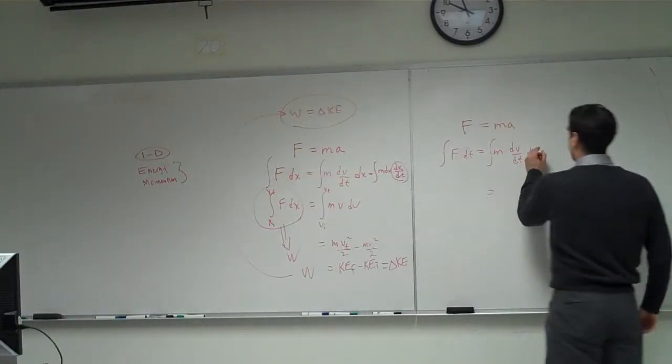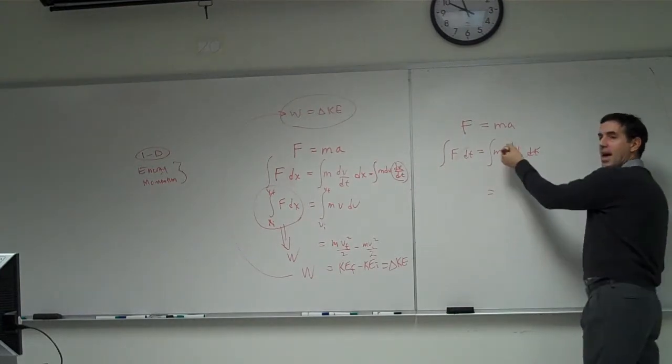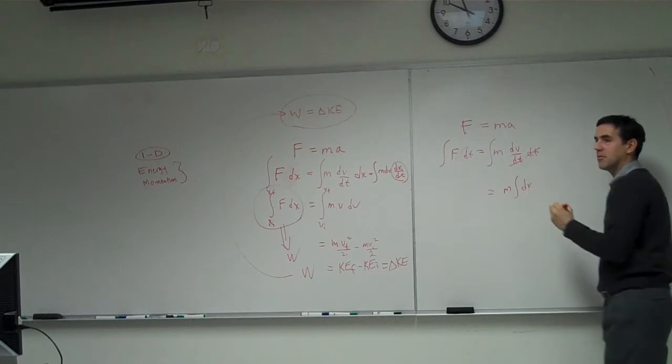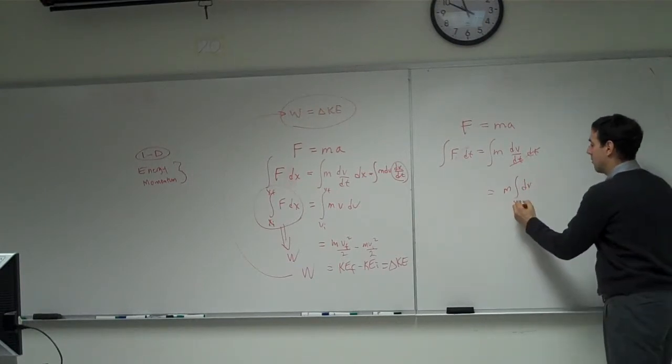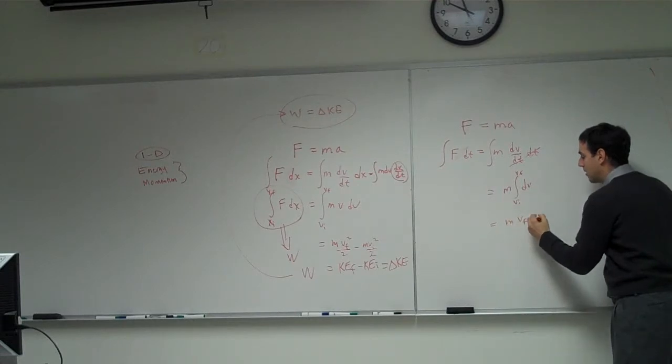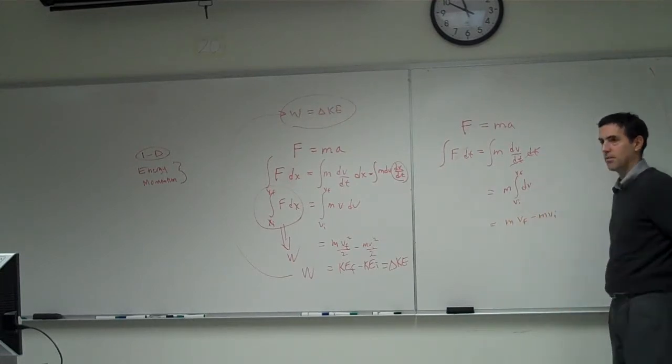Okay, a lot of you canceled out the dt's. You brought the m outside of the integral. You got m times the integral of dv from v initial to v final. So we have m v final minus m v initial.